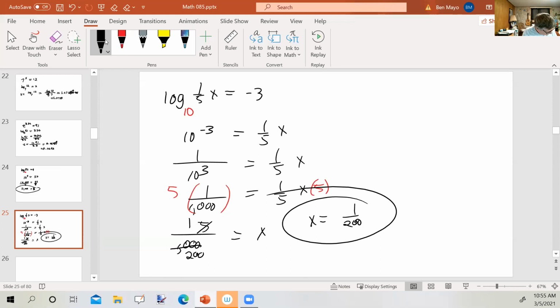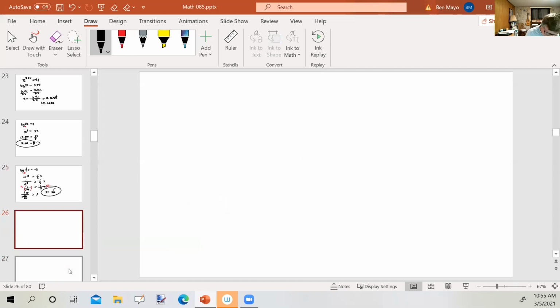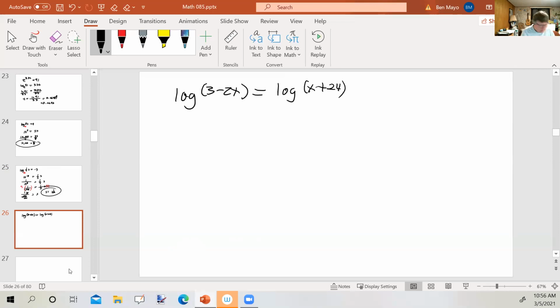Let's see here. Hang on a second. Here we go. Okay. Let's say we've got log of 3 minus 2x equals the log of x plus 24.